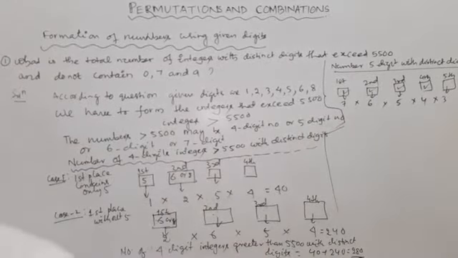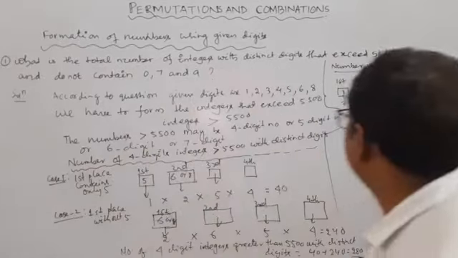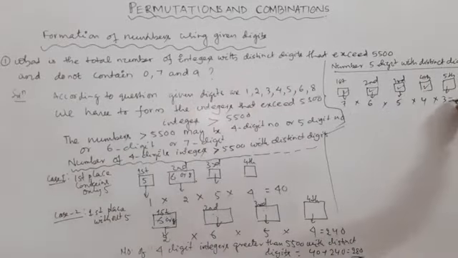Calculating this, we get 2520 five digit numbers.